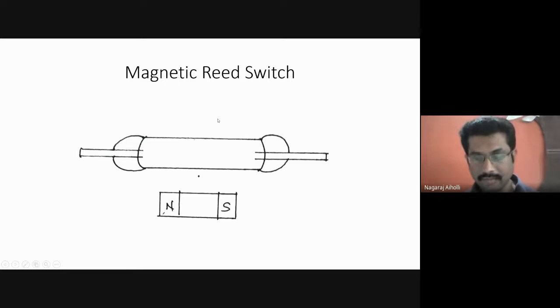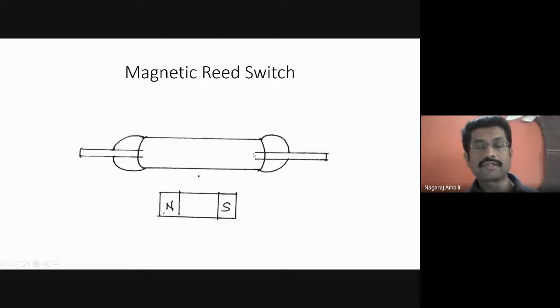Now, when a magnetic material is brought near the magnetic reed switch, the flux lines cut the reed switch because of the nearby magnet. These magnetic field lines strike the tabs, the two surfaces.